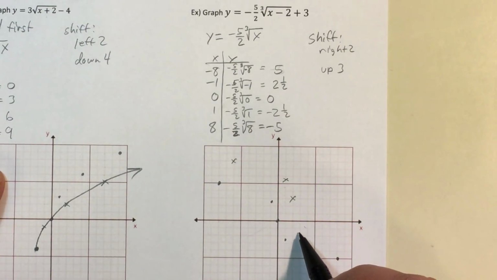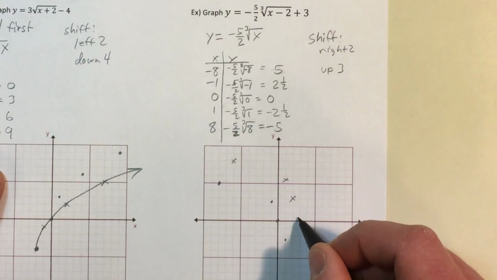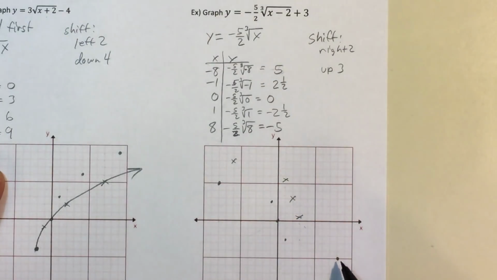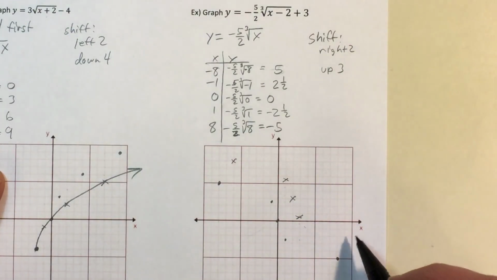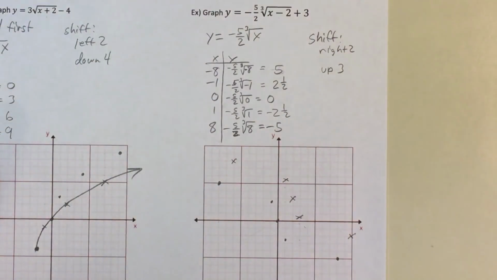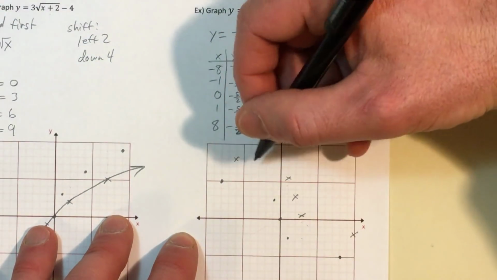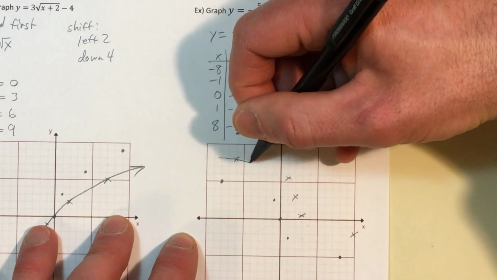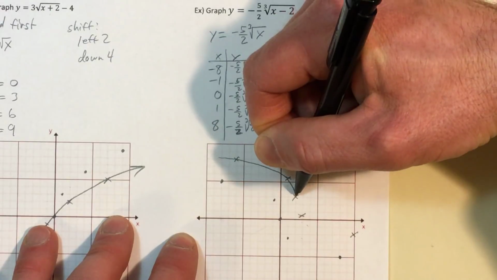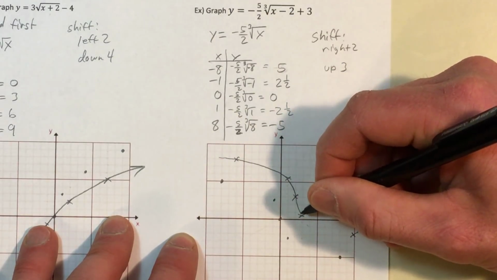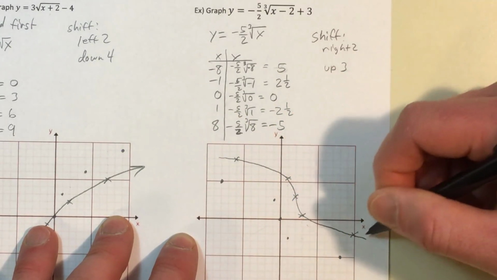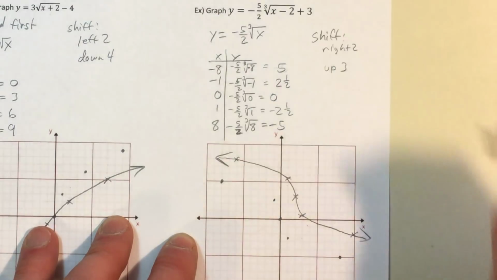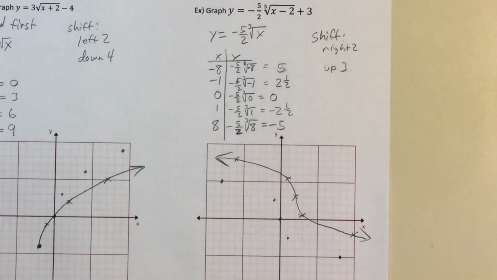Right 2, up 1, 2, 3. Right 2, up 1, 2, 3. And then connect those. Think of it as like half of a parabola, and then the other half of a parabola, like so. And we have a pretty good graph there.